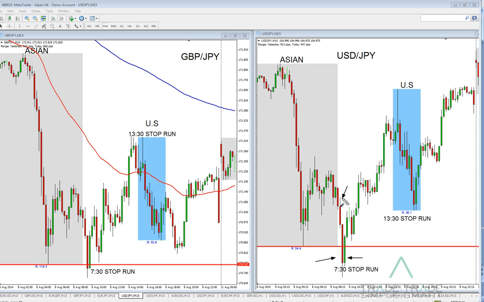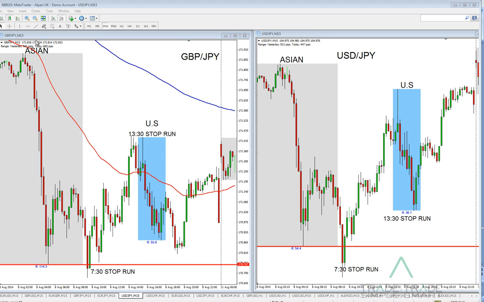We then get our confirmation candle which closes within its higher 1/3 region, and then we receive our pullback candle. So within two currency pairs which are highly correlated, the sterling yen and also the dollar yen, we have stop runs of the Asian lows.